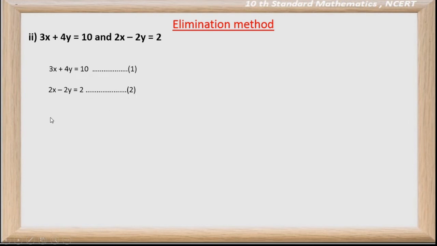Now what is the first step of the elimination method? You should multiply both the equations with some suitable constant. Here I am taking equation 2. This equation 2 I am multiplying by 2 to make the coefficient of y equal.